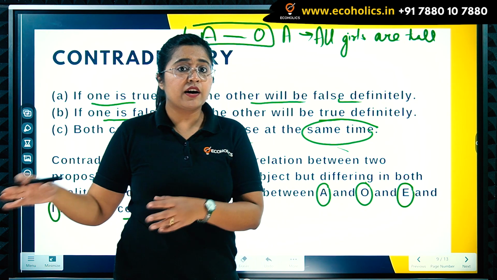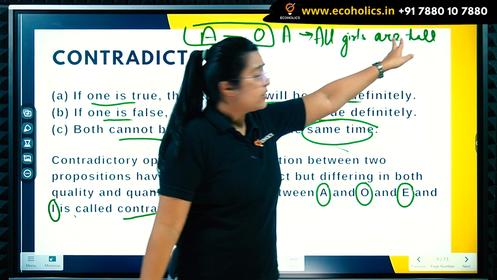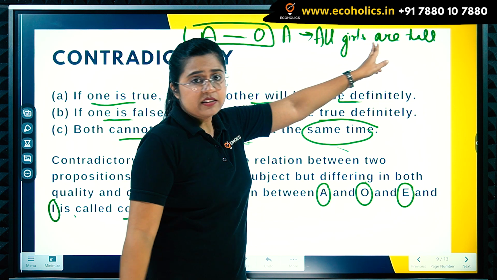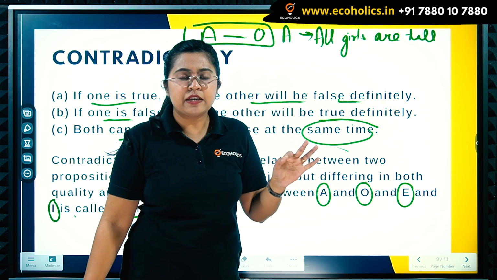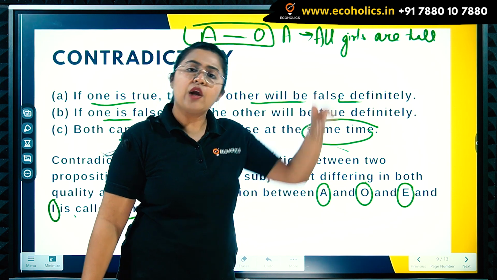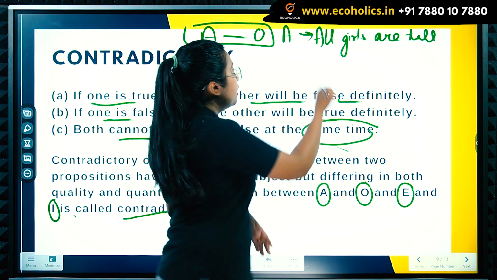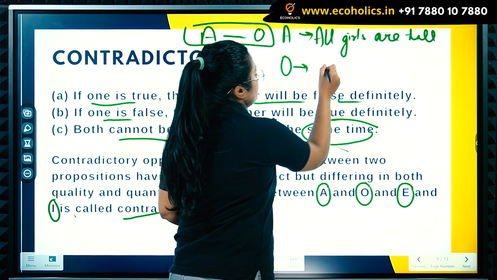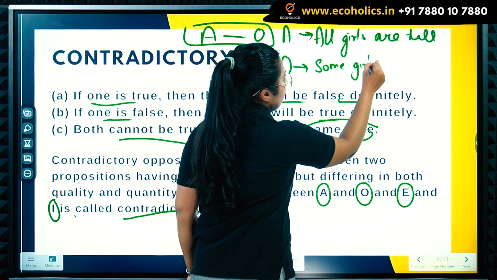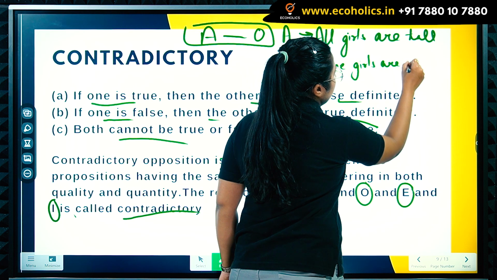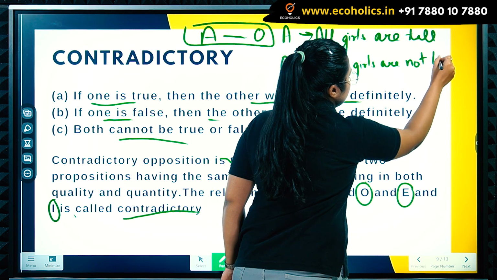Tall is the predicate, are is the copula, girls is the subject, all is the quantifier. So this is a universally positive type of sentence. All girls are tall. O type of sentence: some girls are not tall.